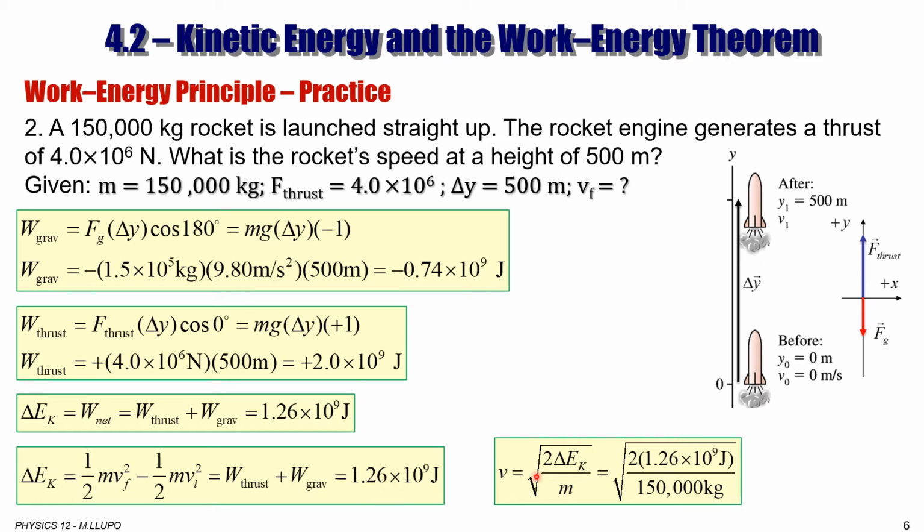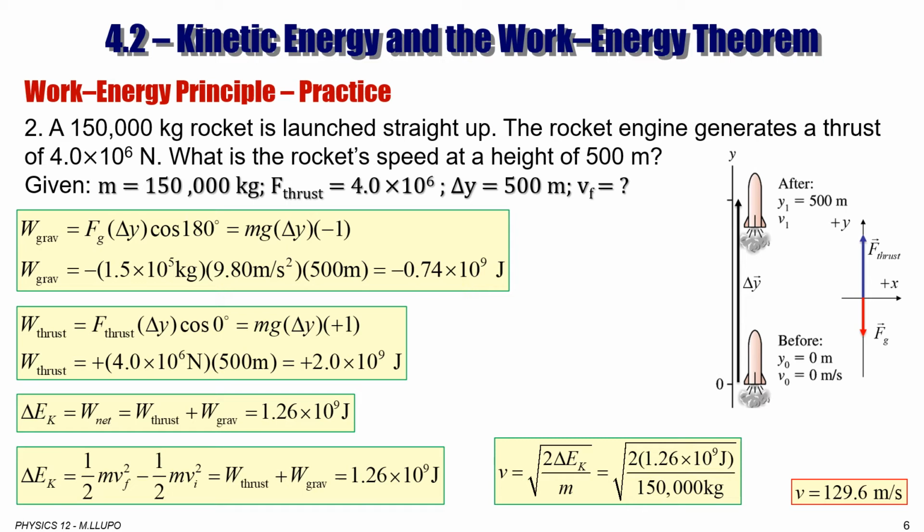So then you plug in numbers: 2 times 1.26 times 10 to the power of 9 joule divided by 150,000 kilogram. And the answer would be 129.6 meter per second. Imagine, after 500 meters, the rocket reached 129.6 meter per second, almost 130 meter per second.